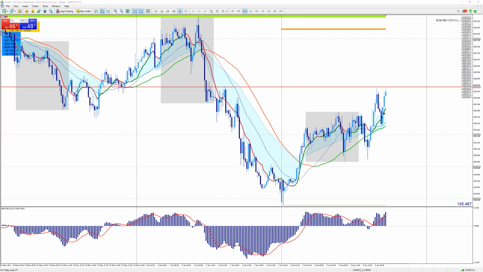When you start thinking about what's going on, what are they doing? What are the brokers doing? They're trying to suck you in, and then stop you out.